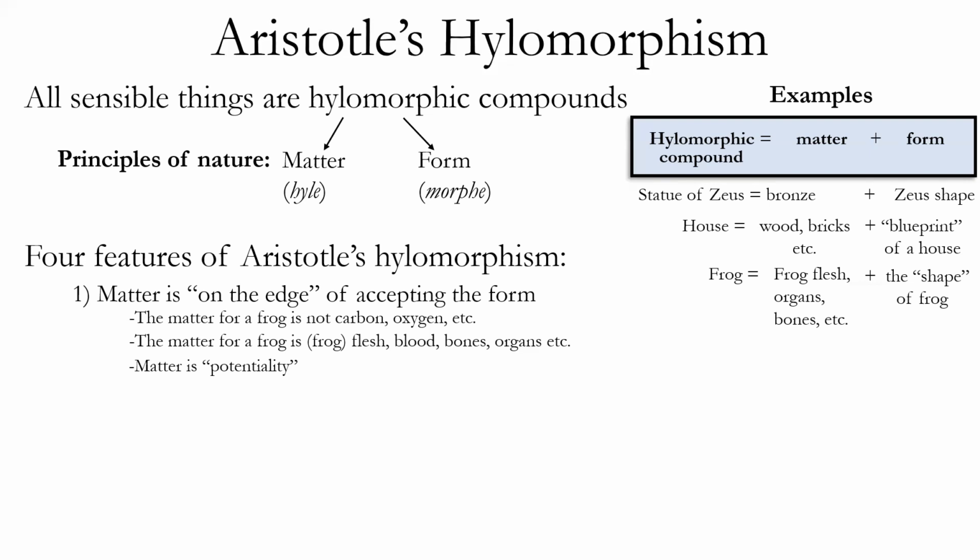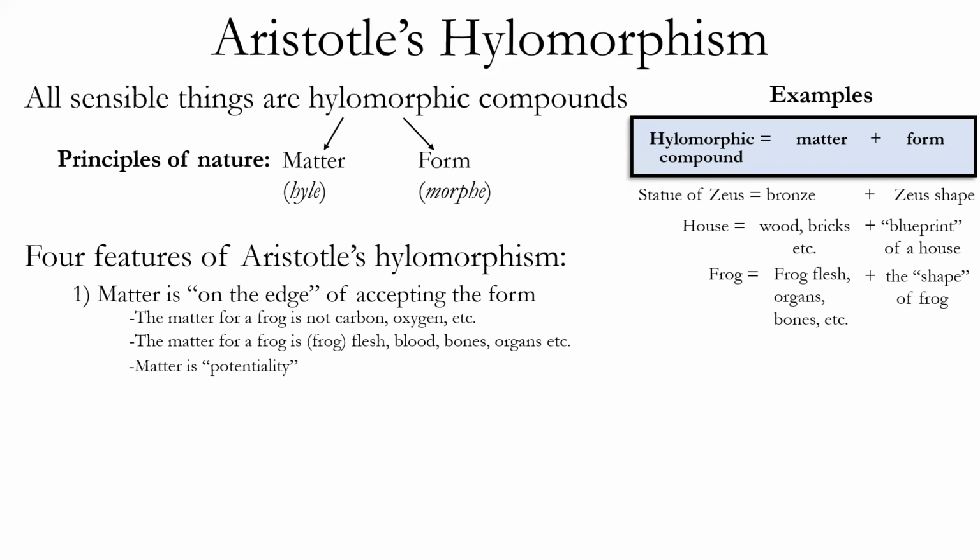The matter for some hylomorphic compound is what is ready and able to accept the relevant form. Trees and clay in the ground are not ready and able to accept the form of house. A lot needs to be done to them first. The trees need to be chopped down and go through the sawmill where they're made into boards and so on. The clay needs to be taken out of the ground and mixed with other stuff and baked and formed.